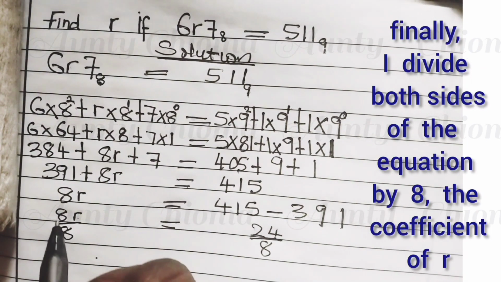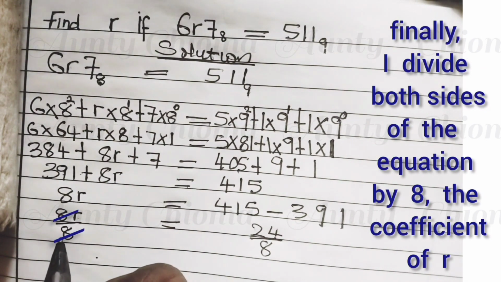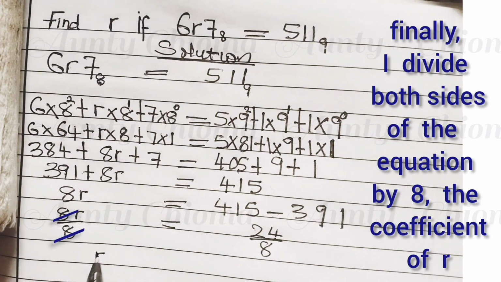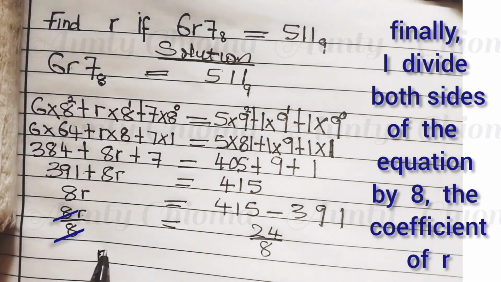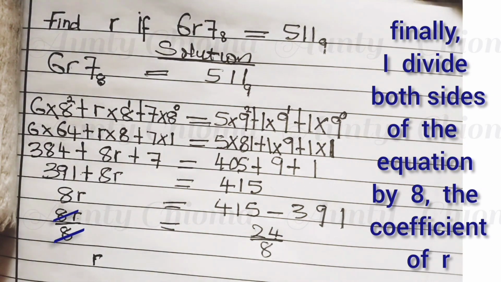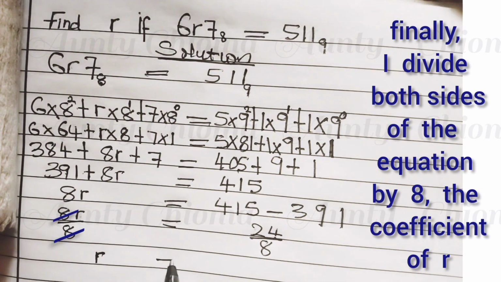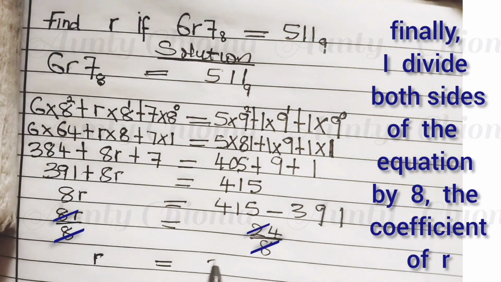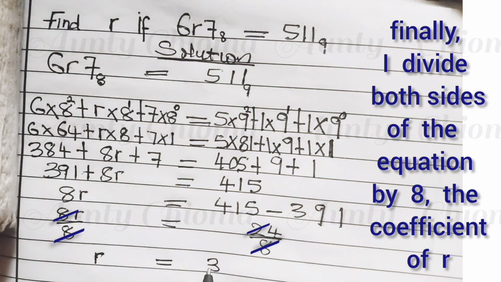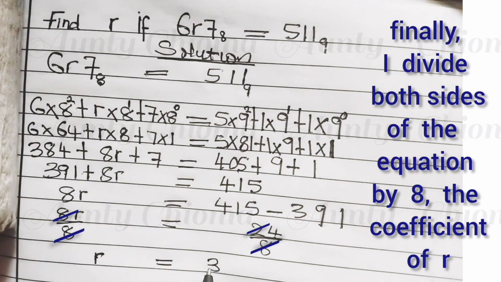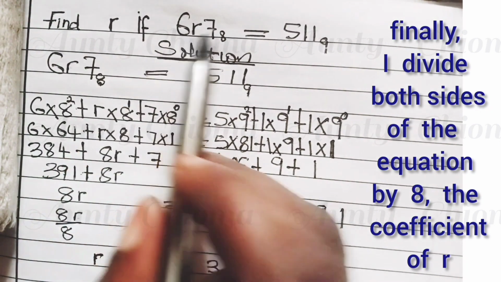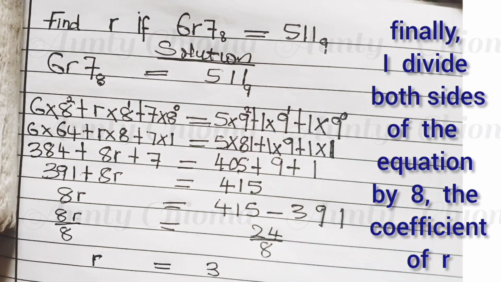Finally I say 8 divided by 8, then I have my R standing alone. R stands alone. Put the equals to, 24 divided by 8 gives me 3. Which means the value of R in this equation is 3.